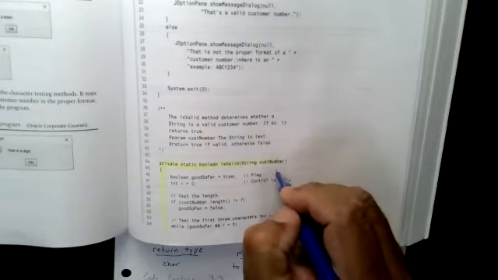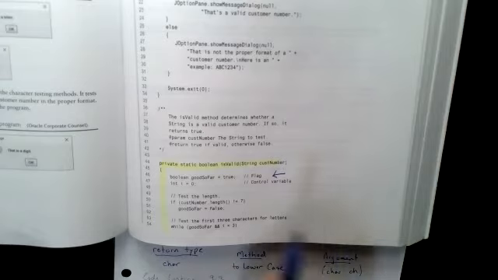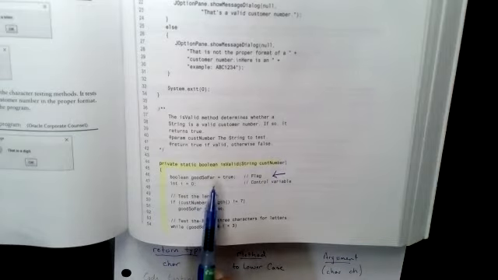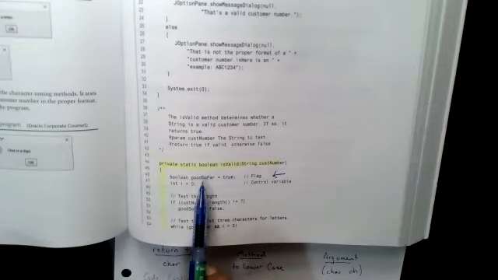Now, here's something that we haven't talked about in a while, but we have talked about it. It's called a flag. A flag is something that I set as true or false. So I'm going to say goodSoFar, which is what I'm going to return, is true.